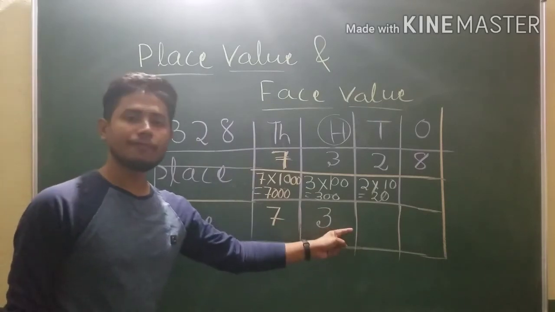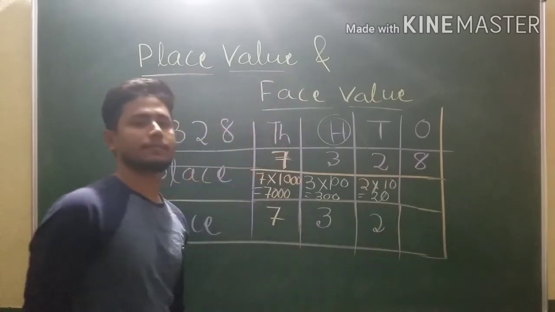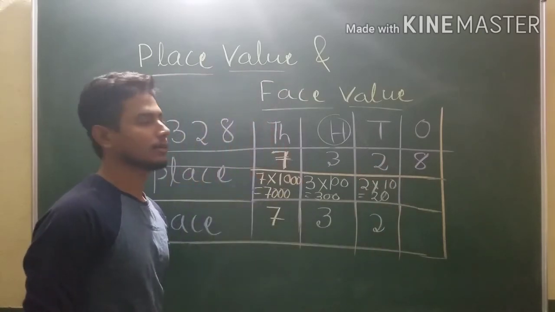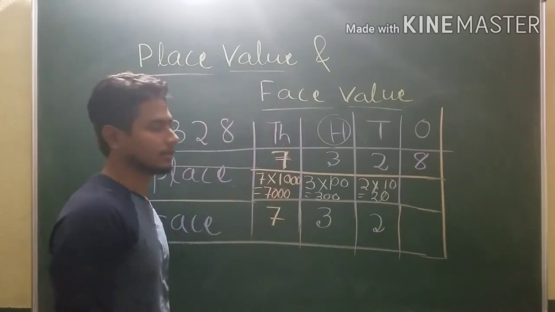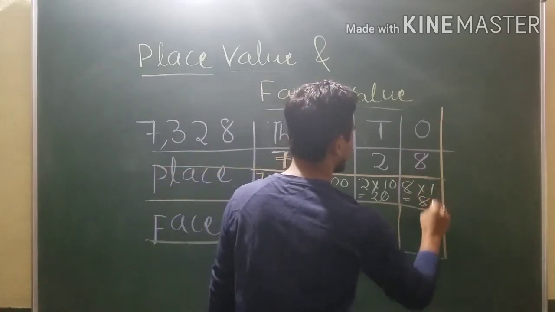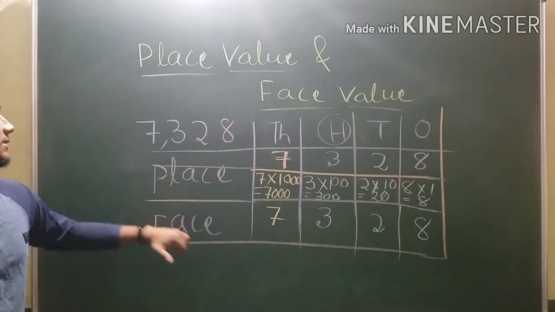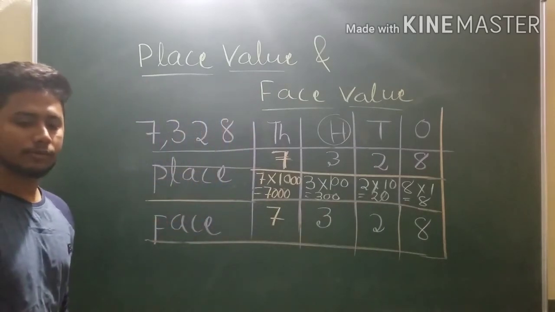Now the face value remains exactly the same. Understood everyone? Now move to the ones place. 8 into 1 equal to 8. Then the face value is exactly the same. So this is place value and face value.